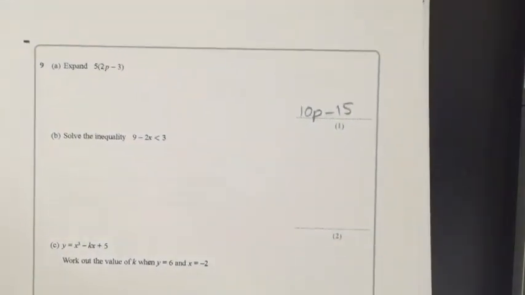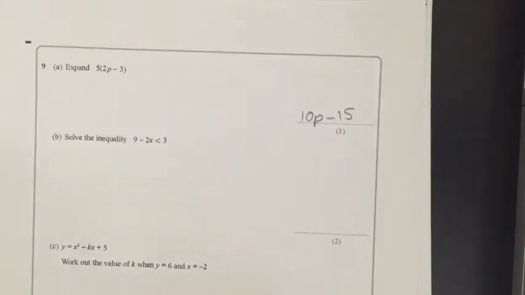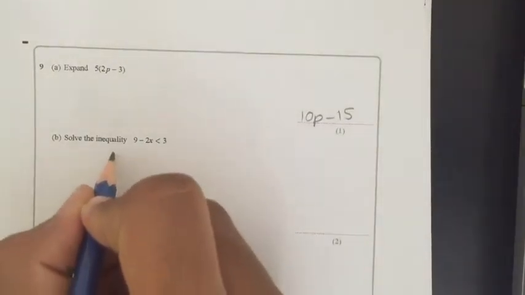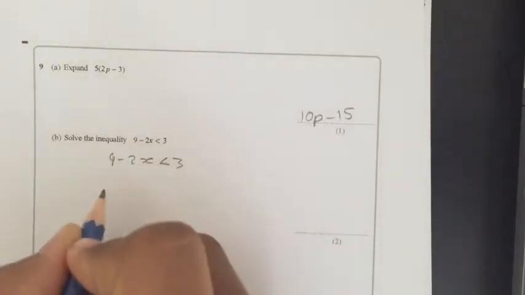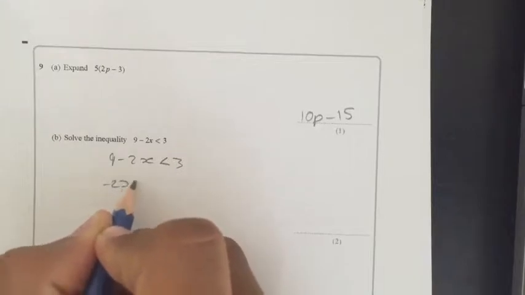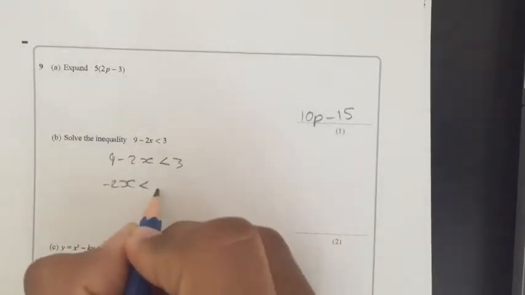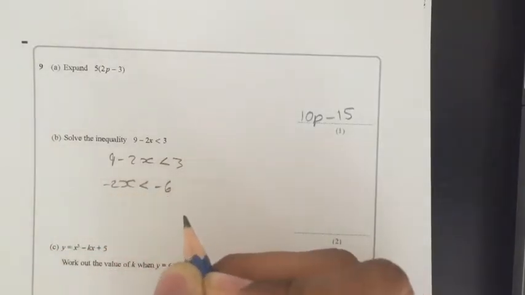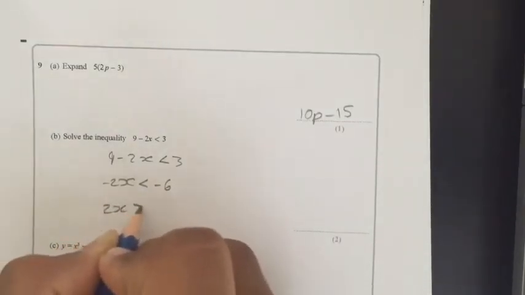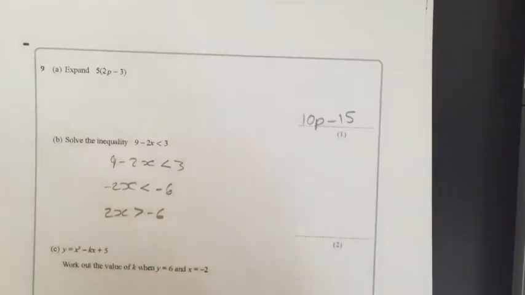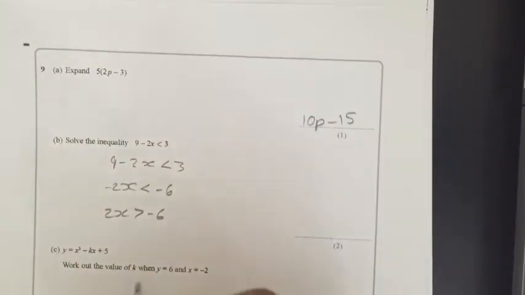Okay, next question. Solve the inequality 9 minus 2x is less than 3. If we subtract 9 from both sides, minus 2x is less than minus 6. Then if we divide by minus 1, 2x is greater than 6, because when you divide by minus 1, you flip the sign.